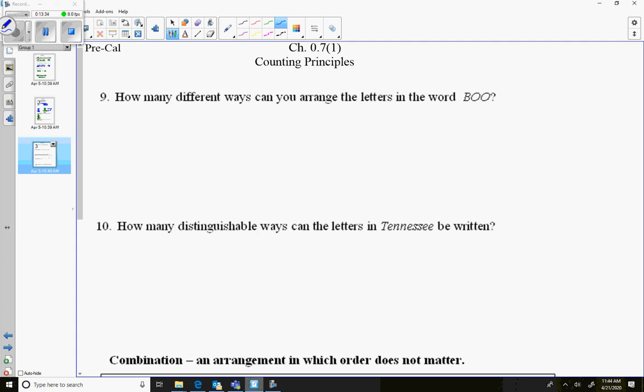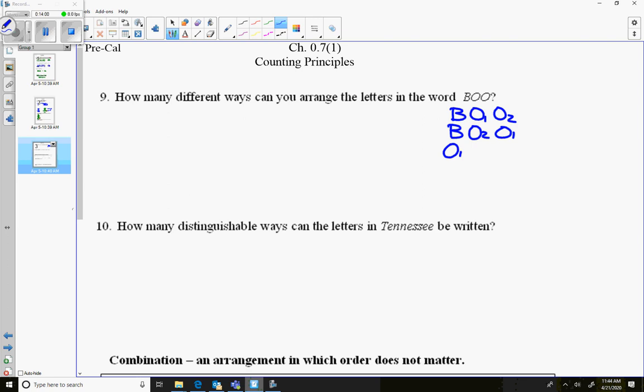I'm going to make a list, but I'm going to put subscripts to start with. Let's say the first one is O1, the second one is O2. That's one way of doing that. Or I could start with the letter B, and I could have the second O, then the first O. That's all the possibilities with B as the first letter.